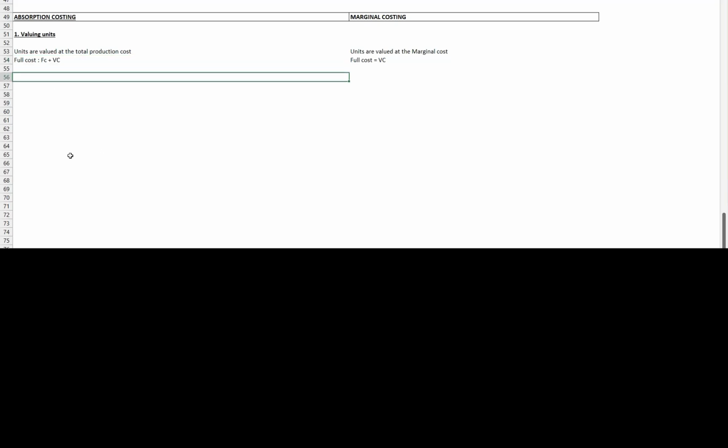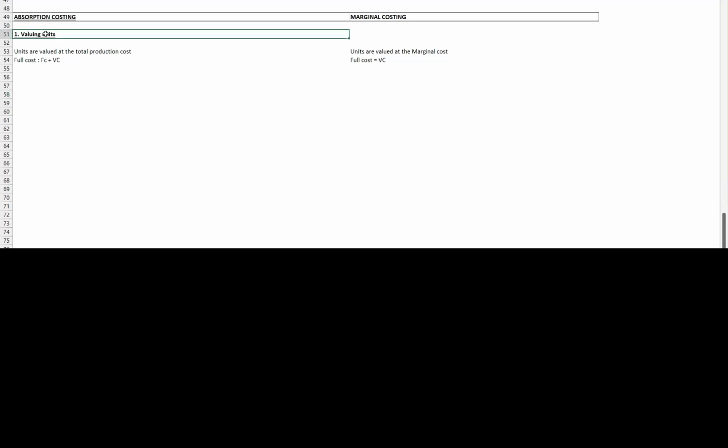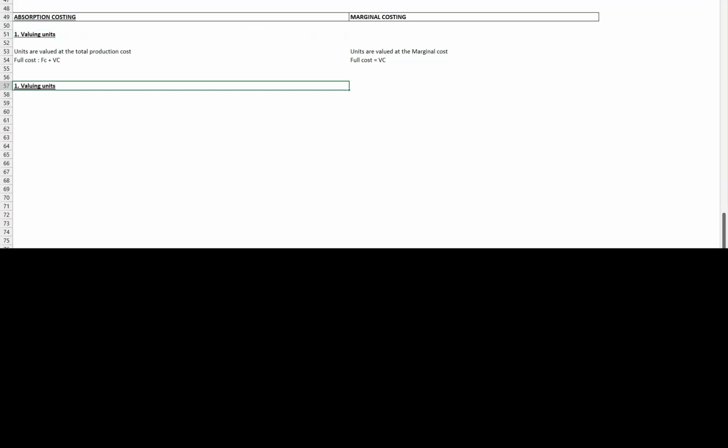And if we talk about the treatment, let me add the other topic. So if I talk about treatment of fixed production overhead, OH means overhead, right?